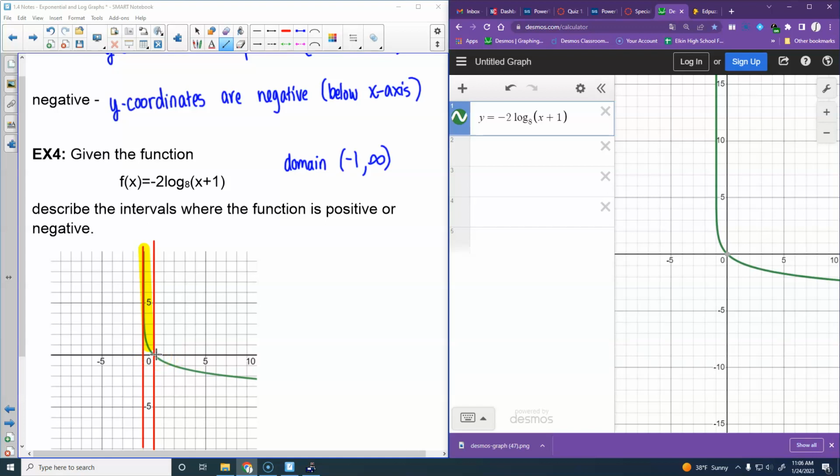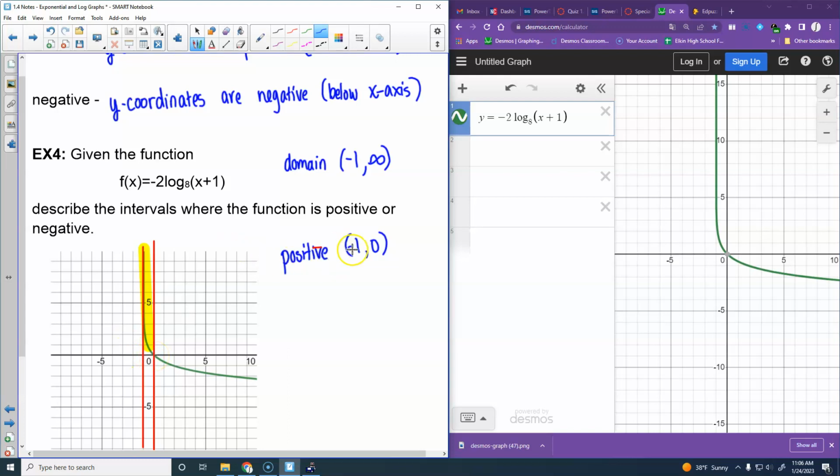I'm given those x values. So my function here would be positive for -1 to 0. All right, my x-coordinate here is -1. My y-coordinate here is 0.